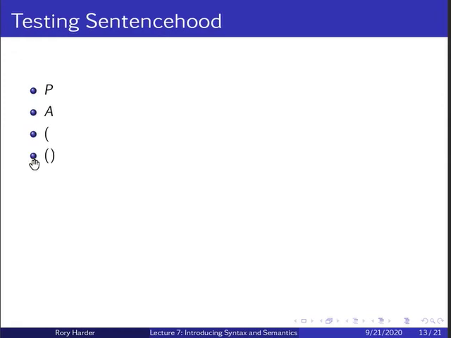Now, what about if you have two parentheses with nothing in between them? Is that a sentence of our language? The answer in this case is no, it's not. This looks maybe a little bit less crazy than the third one, just a single parenthesis, but nonetheless, it is not a sentence of our language.